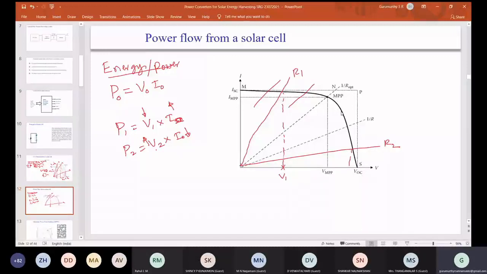There is a point where the rate of fall of current is much higher than the rate of rise of voltage, so the power again comes down. That means there is a point where the power drawn is maximum, and that is the point where we have to operate. Now you see this curve.